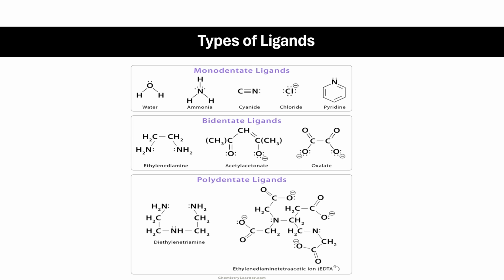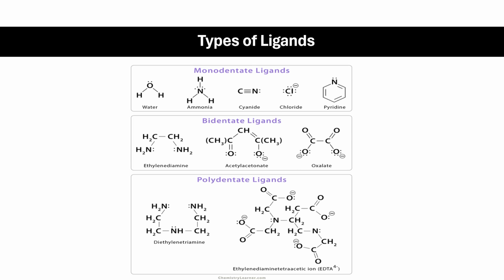Pyridine is connected to the formation of DNA and RNA for the nitrogen bases. While for the polydentate, we have the famous EDTA, or the more stable ligands. Since there are multiple sites for ligands to bind, another example is diethylene triamine.